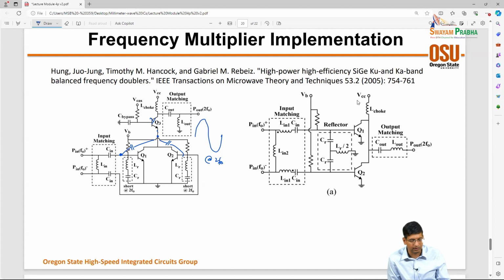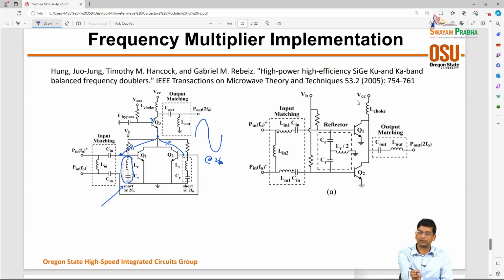So one approach is to create a trap here so that the second harmonic waveform doesn't show up, right, at the gates. And this kind of short approach can help build more efficiency and more conversion gain in the frequency multiplier.